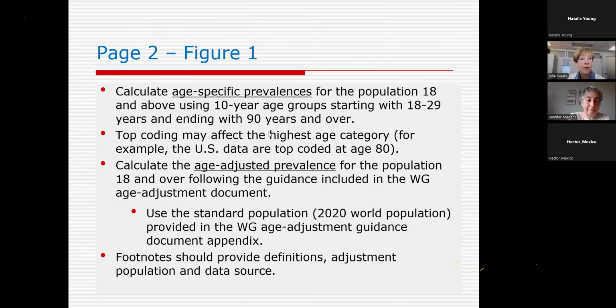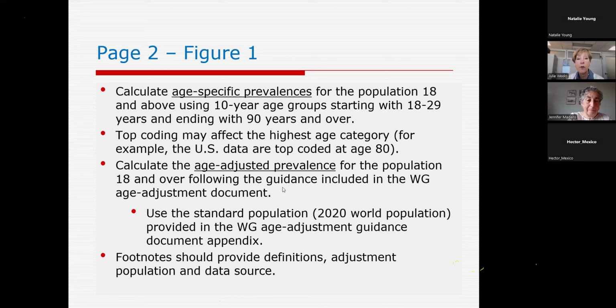So just to review, for figure 1, you're calculating the age-specific prevalences for the population 18 and over using these 10-year age groups, preferably ending with 90 years and over, but this will depend on the top coding practices of the data that you are using.